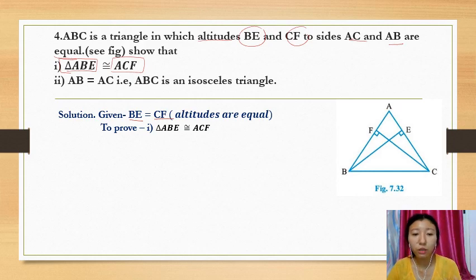After proving the two triangles congruent, then you can easily write AB is equal to AC, right? Opposite sides of equal angles are equal.